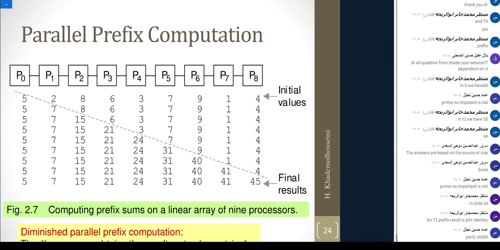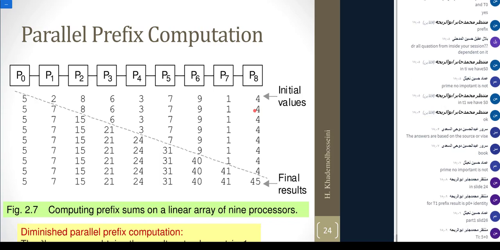Yes, the next one is 5 plus 2, 7. Yes, it is T0, it is T1.